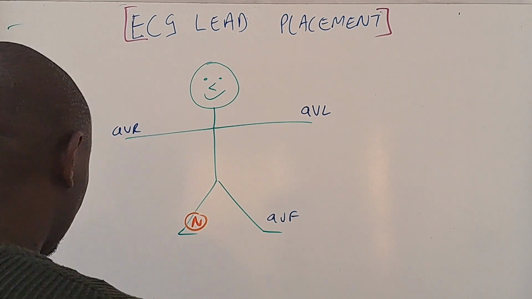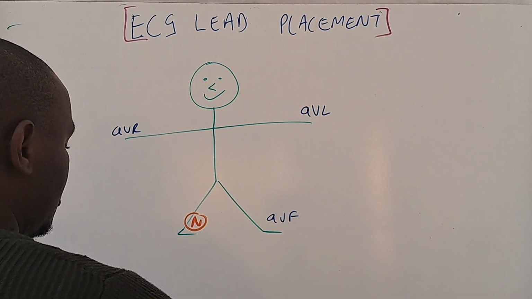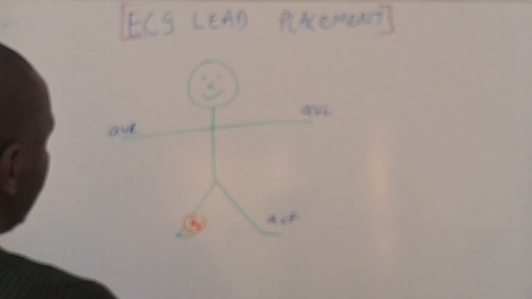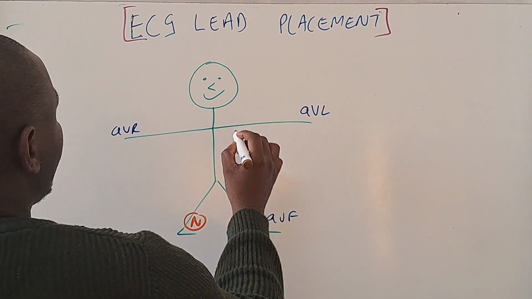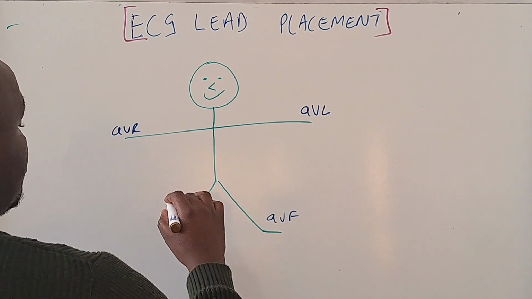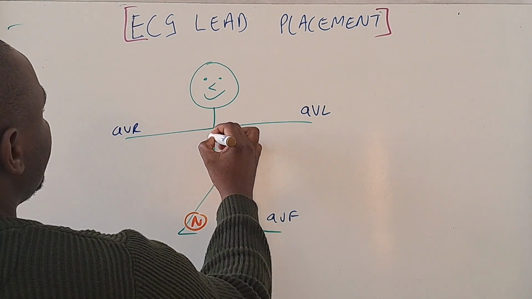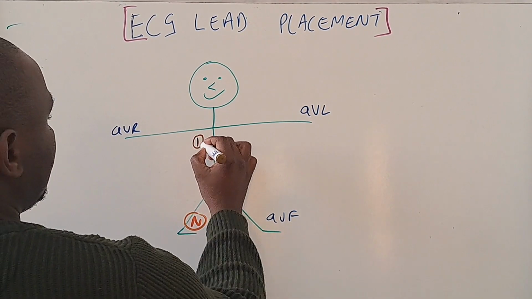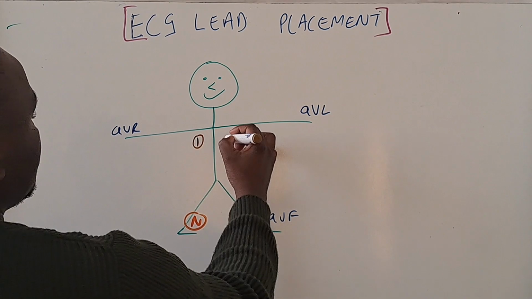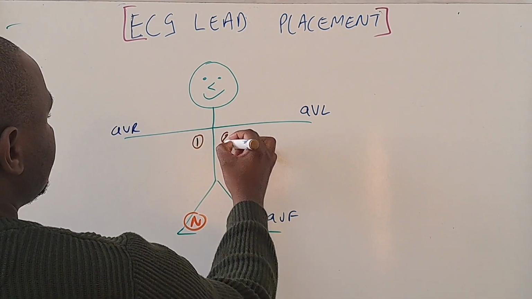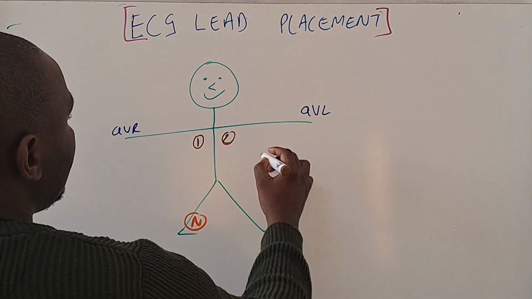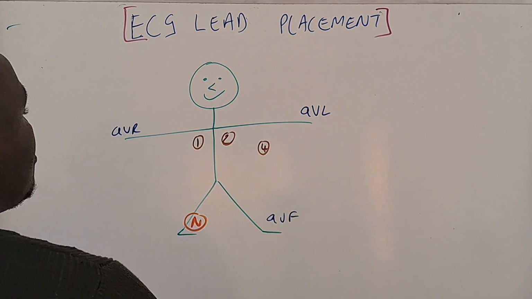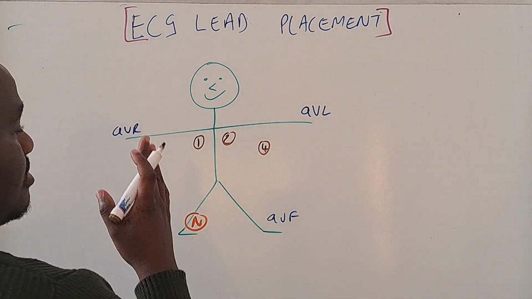And then, right here on the fourth intercostal space on the right side, you will put your V1. Then next to it, but across, you put your V2. And then you put your V4 on the fifth intercostal, mid-clavicularly.